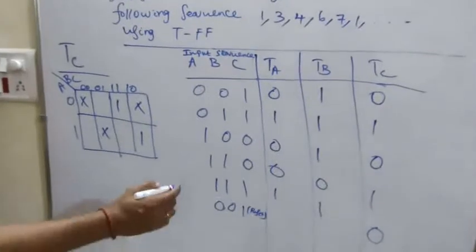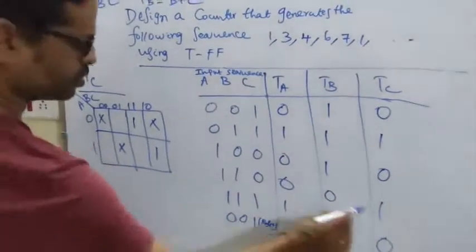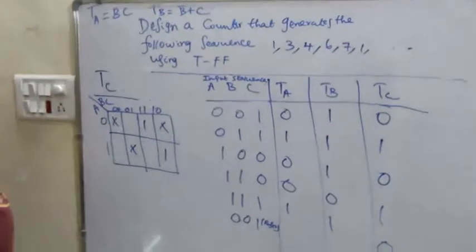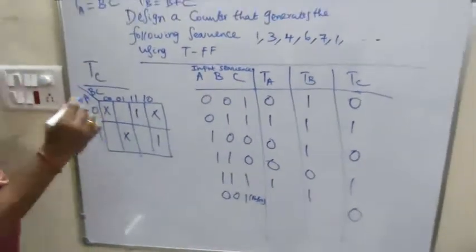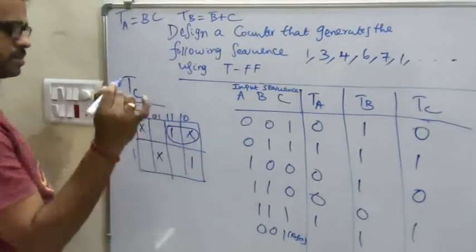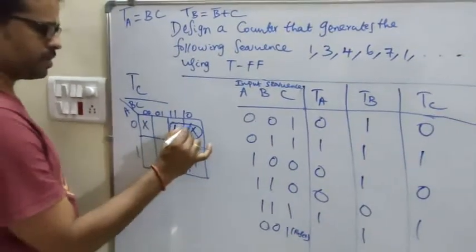Then triple 1 is also 0, we are not going to plot it. Clear? So now we are getting only these two pairs.